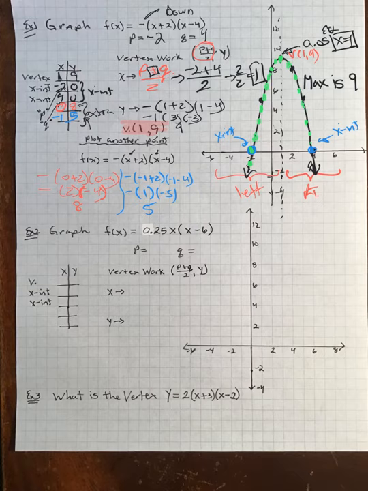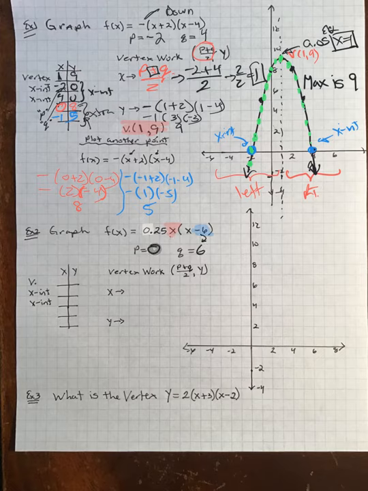Okay, example number 2. What's our P and what's our Q in this problem? The P in this problem is 0, and the Q in this problem is +6.